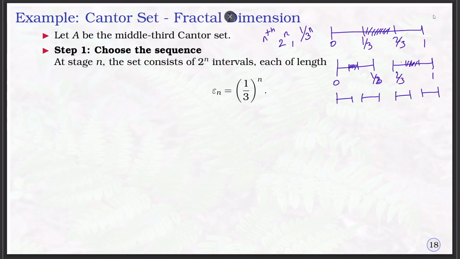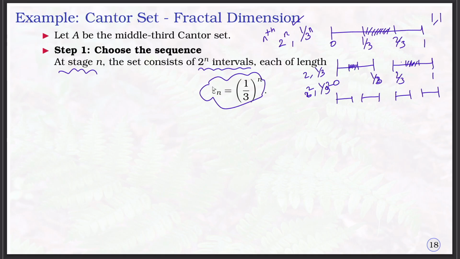Here there is only one interval of length 1, here there are 2 intervals of length 1 by 3, here there are 4 intervals, that means 2 power 2 intervals, of length 1 by 9, that means 3 power 2. So, at stage n, the set consists of 2 power n intervals, each of length 1 by 3 power n. Now, I am taking this as epsilon n.